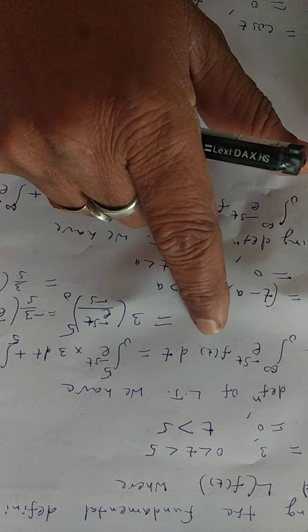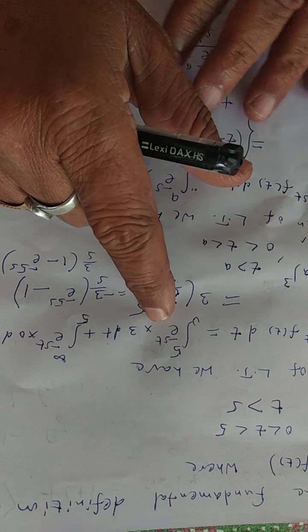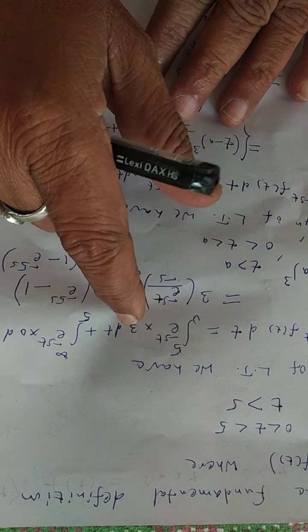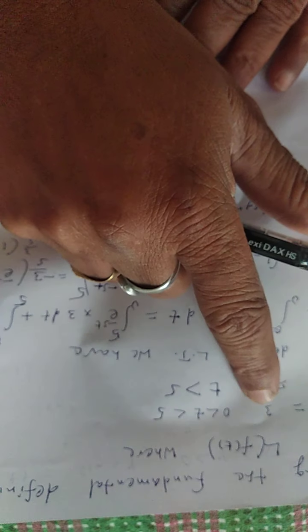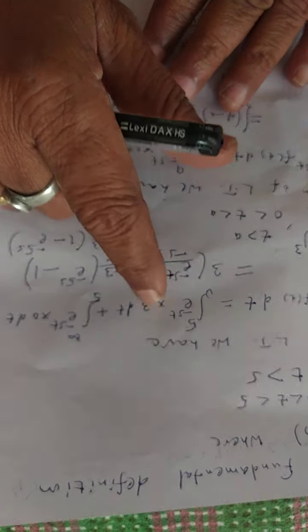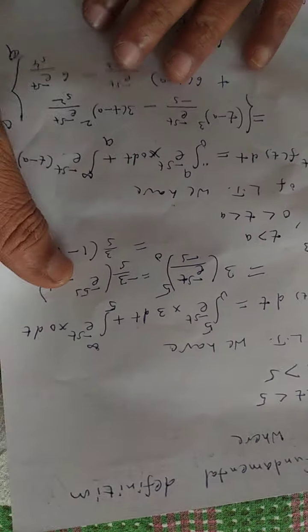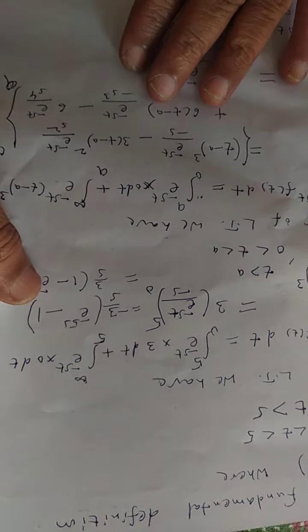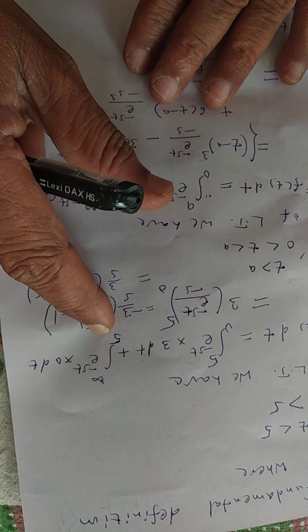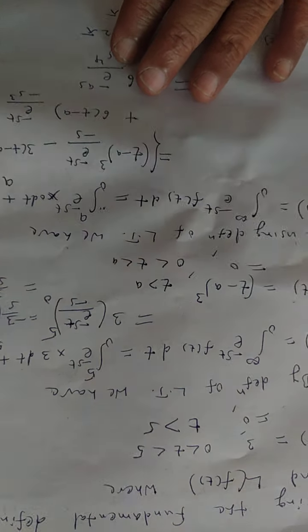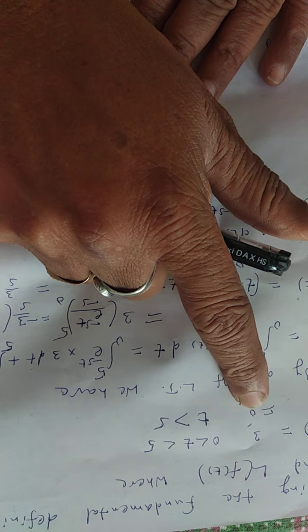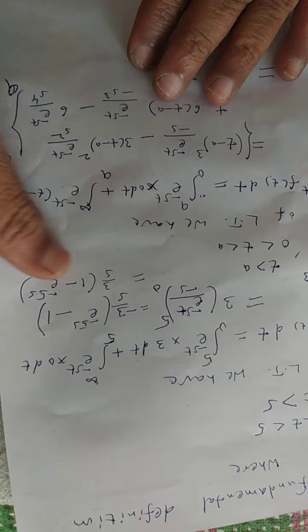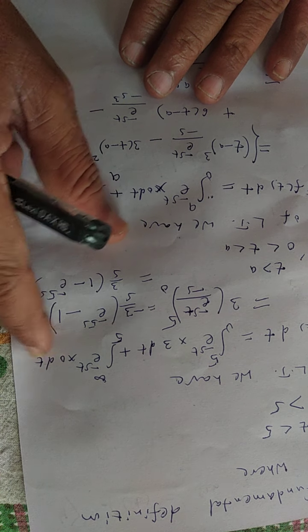So Laplace of f(t) is equal to integral 0 to 5 e raised to minus st, but when the function is defined in the interval 0 to 5, its value is 3, so into 3 dt, plus integral 5 to infinity e raised to minus st, and for t greater than 5 the value of the function is 0, and therefore into 0 dt.